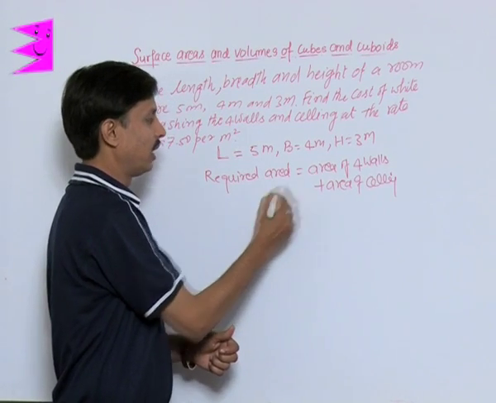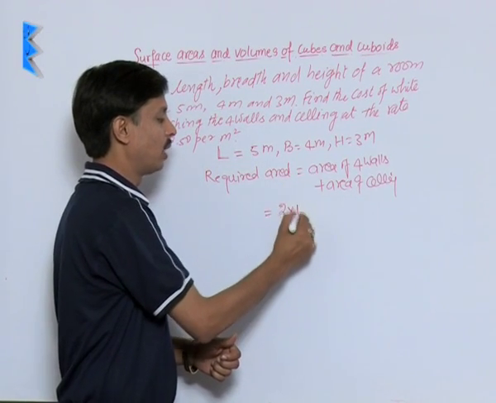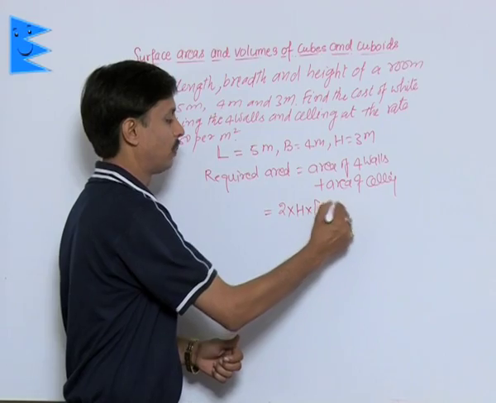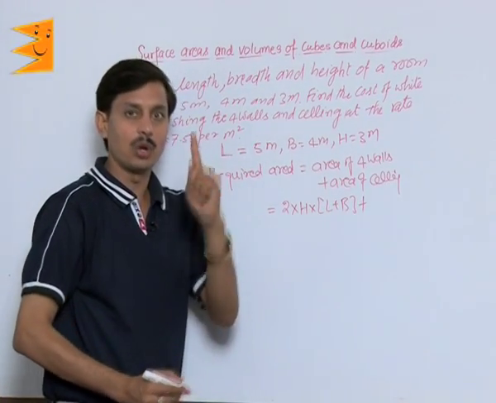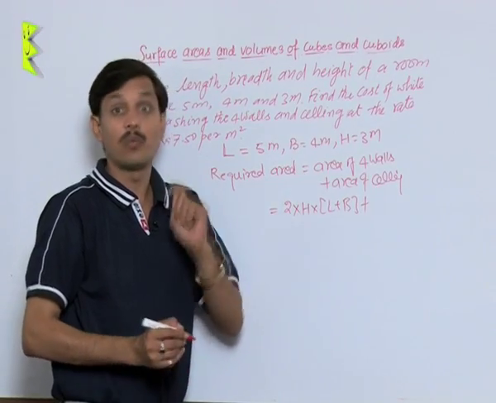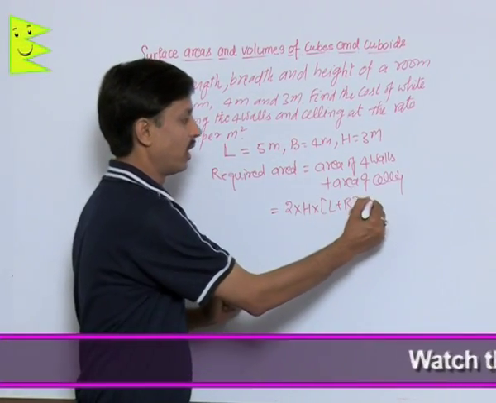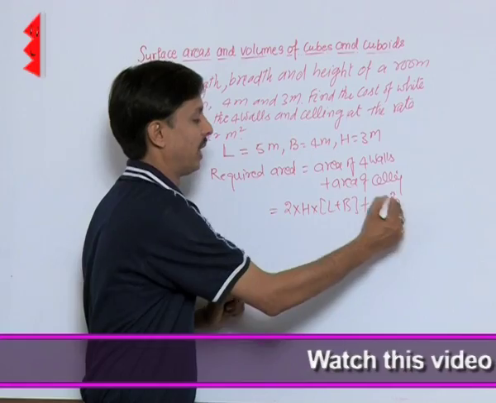You know that area of 4 walls is given by 2 into height into (length plus breadth), and area of ceiling is always the same as the area of floor. So area of floor is length into breadth.